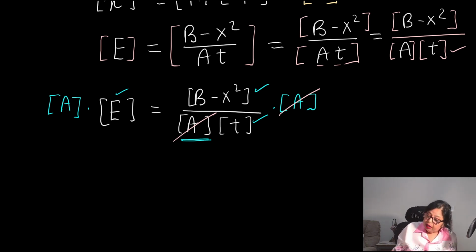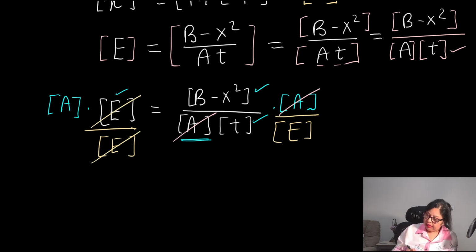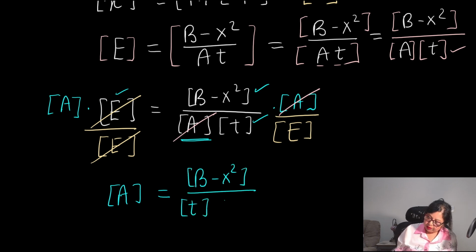So to isolate a, what you will do is divide both sides by the dimensional formula for E. Okay, so what does this give me? These E's cancel out. On the left-hand side, I get dimensional formula for a equals b minus x squared's dimensional formula divided by dimensional formula for t times the dimensional formula for E.